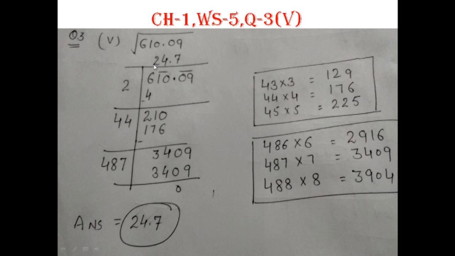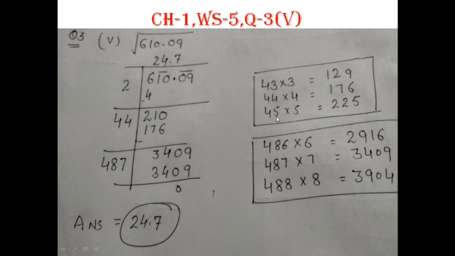Now double of this 2 is 4. According to 210, we will select 4 here. Just see here. I have tried with other numbers also. First of all, I have written 3 and multiplied it by 3. I got 129. Then by taking 4 and 4, I got 176.